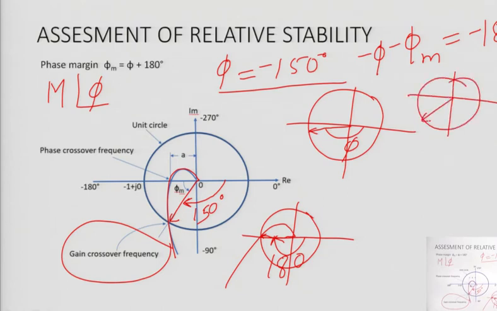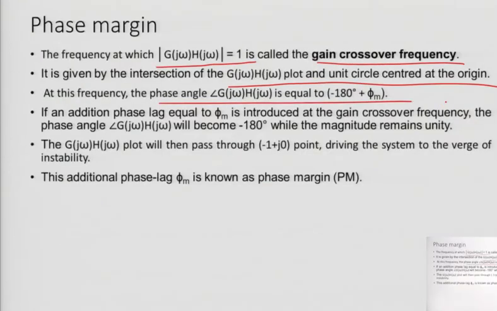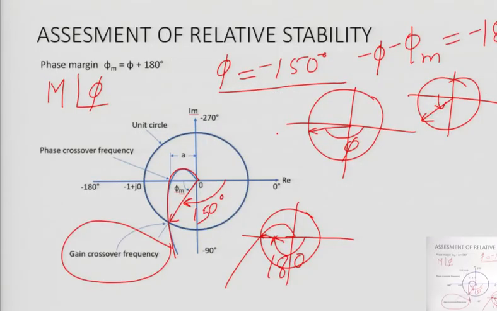If an additional phase lag phi m is introduced at the gain crossover frequency, as I mentioned, the phase angle will become minus 180 degrees, whereas the magnitude remains unity.